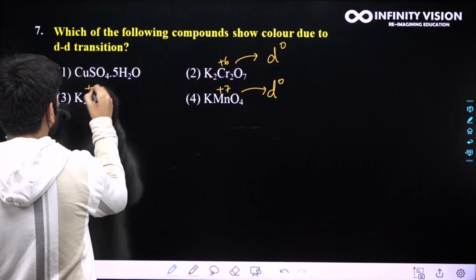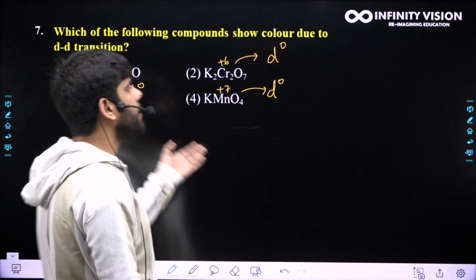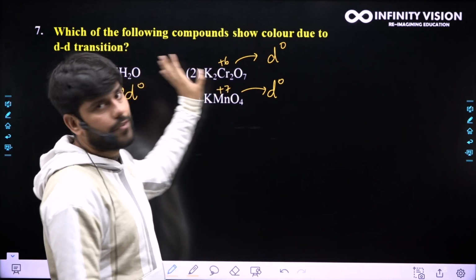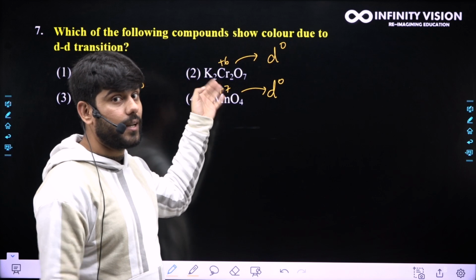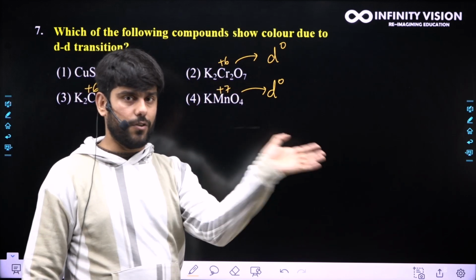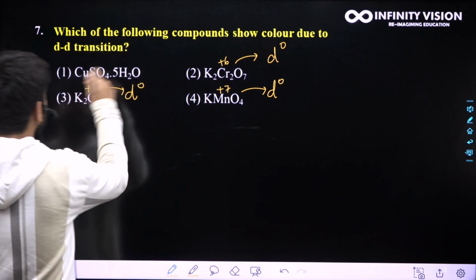Potassium chromate, it is in +6 oxidation state, again d0. Now there is no electron in d, so it won't undergo d-d transition. Yes, we know that they are colored, but the reason is not d-d transition, the reason is charge transfer transition.